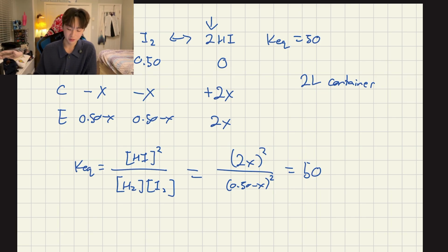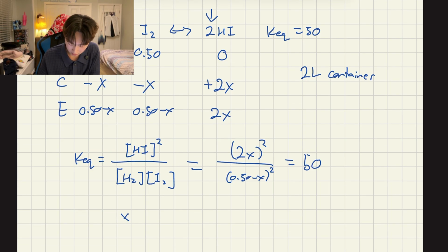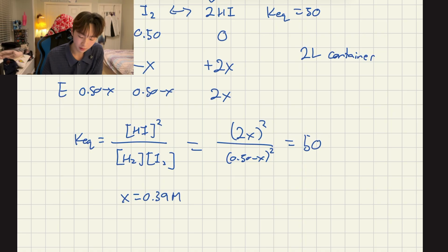I'm not going to show you how to do the math, but if you solve this, x is equal to 0.39 molar. And from that, we can find the final equilibrium concentrations using these expressions.